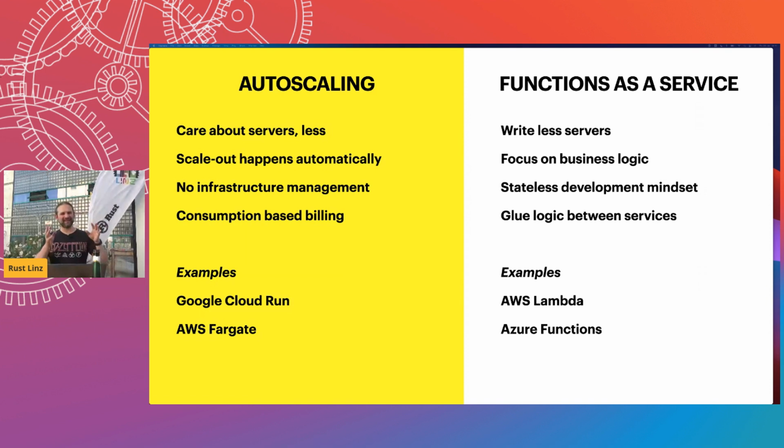One thing that serverless is, is the whole auto-scaling part. That's the infrastructure serverless, where you care about servers less, which means some cloud provider, whichever that is, makes sure that all your infrastructure problems are handled.